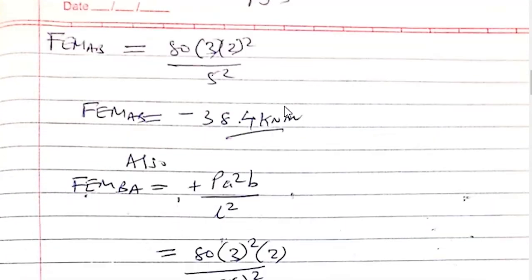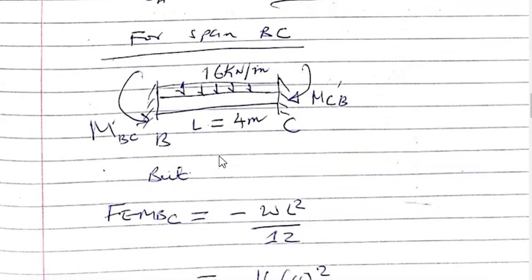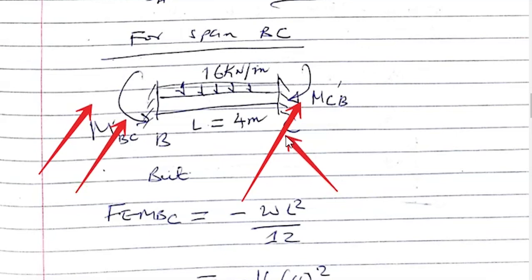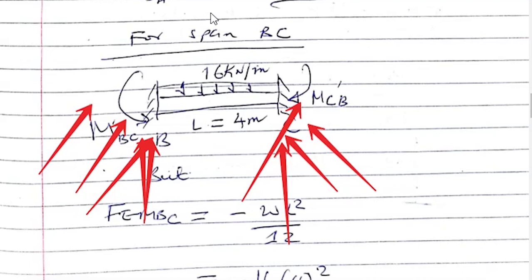Means as I said here, at equilibrium, because this value you have and this value you have, taking moment at this point you can get reaction here, and taking moment at this point you can have reaction there. So at equilibrium, the reaction RA and the reaction RB should be equal to the load applied at the center.